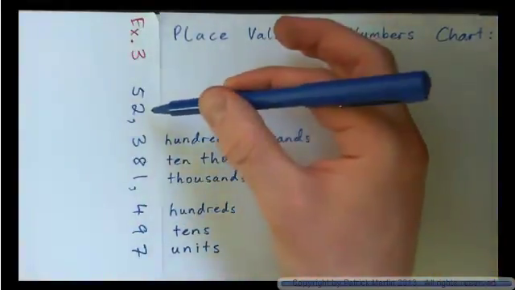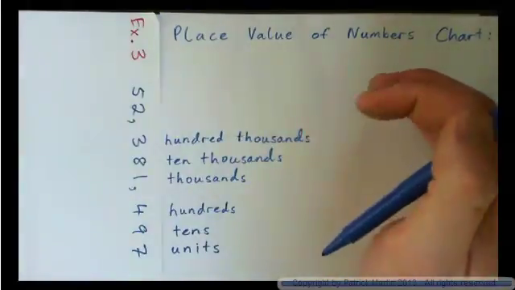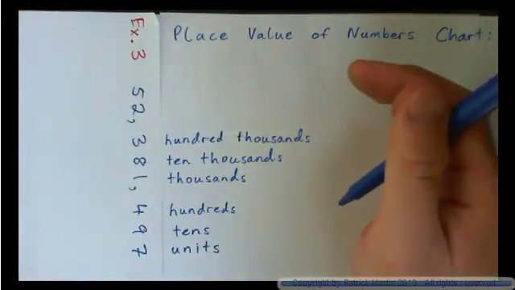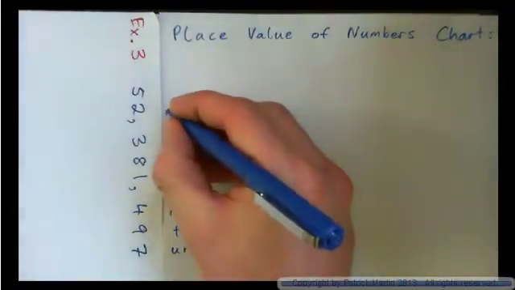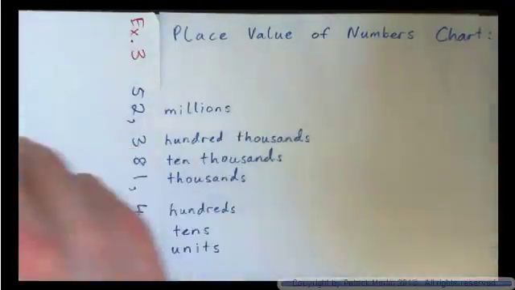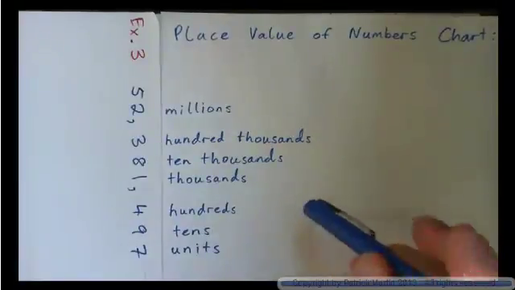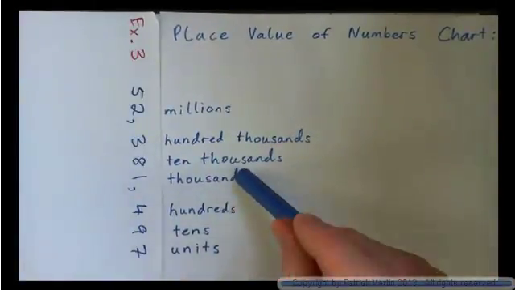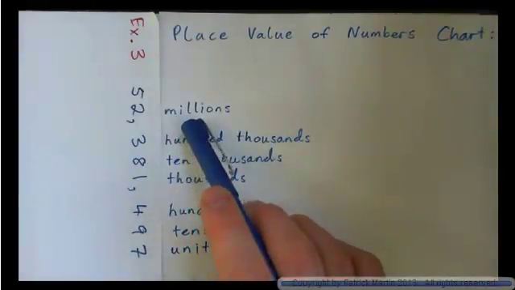And then the 2 represents what comes after 100,000s? Is it millions? Yep. And after millions, what do we have? So it's units, tens, hundreds, thousands, 10,000s, 100,000s, millions.